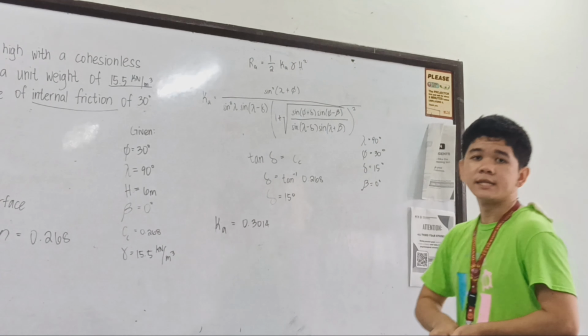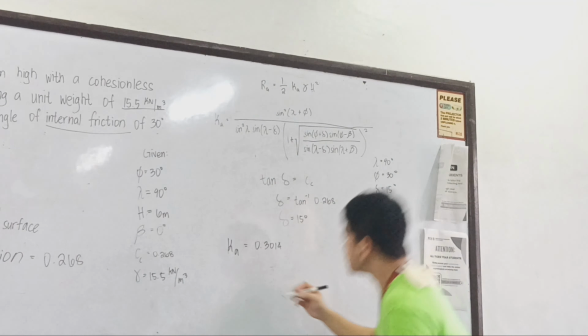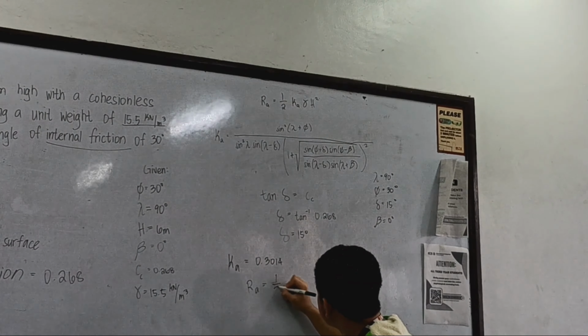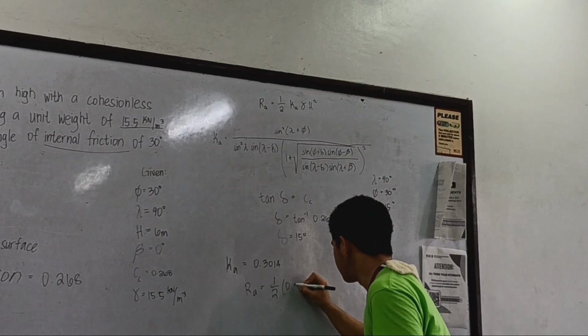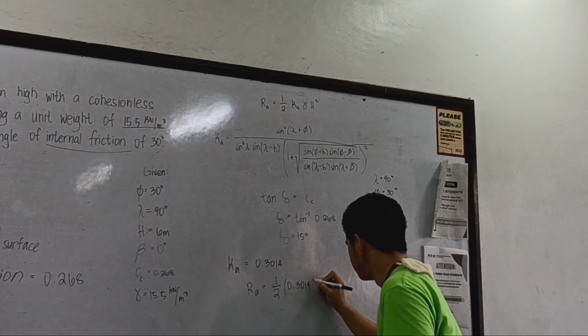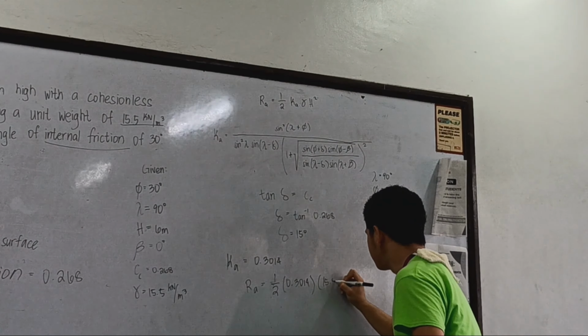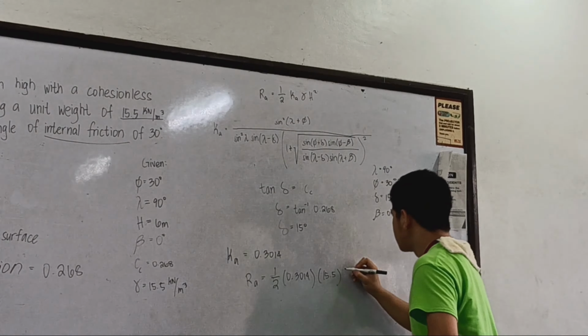Let us take it to the fourth decimal place. Now we solve for RA, which is equal to 1 half times the coefficient of active pressure, 0.3014, times the unit weight, 15.5 kilonewton per cubic meter, times the height squared, which is 6 squared.